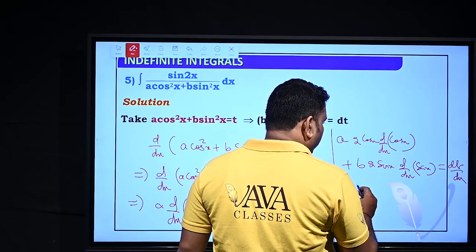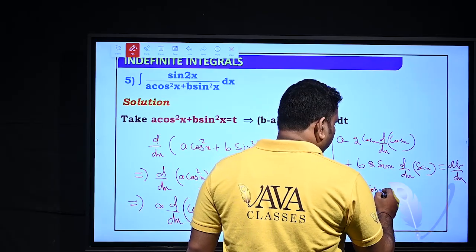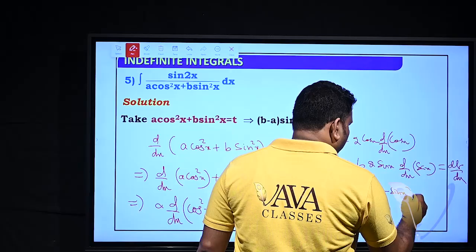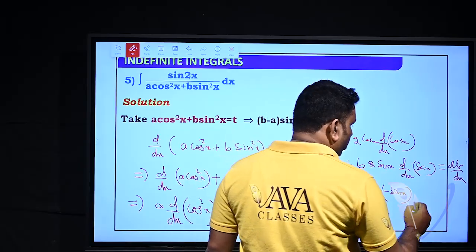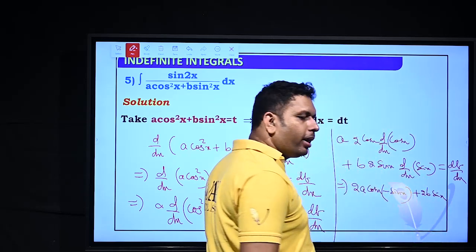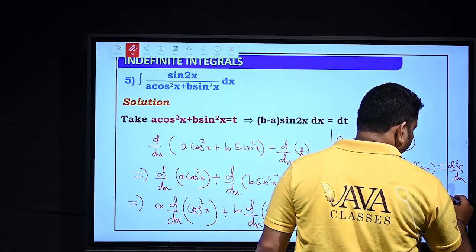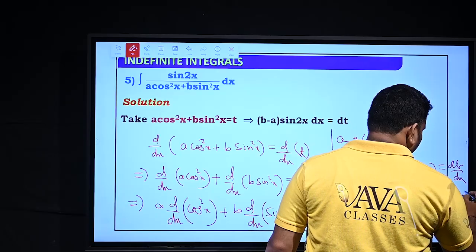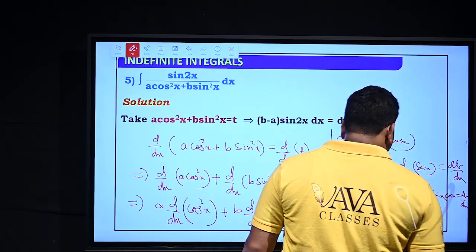Okay, so 2a cos x, the derivative of cos x is minus sin x, plus 2b sin x, the derivative of sin x is cos x, equal to dt by dx.